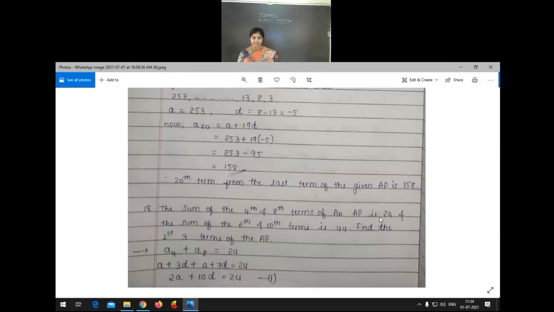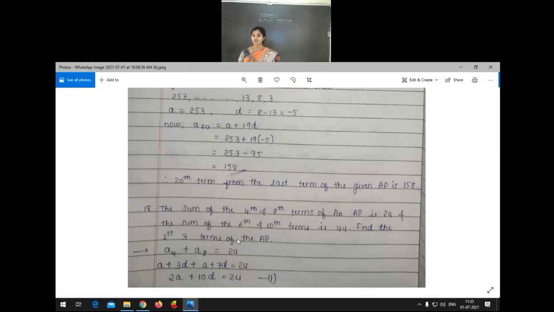That is A4 plus A8 is equal to 24 now. That is the first data. And one more data is given. Sum of the 6th and 10th terms is 44. 6th is A6, 10th is A10. Sum of A6 plus A10 is equal to 44. Second data. Find the first 3 terms of the AP.